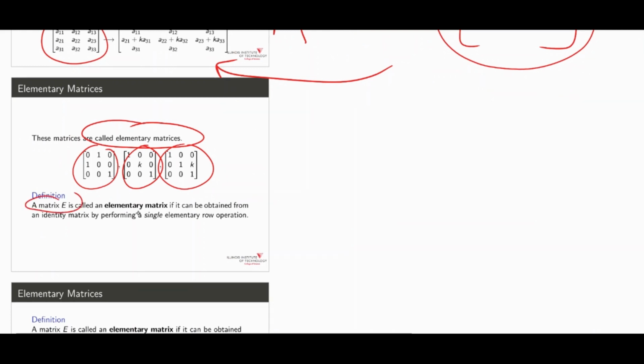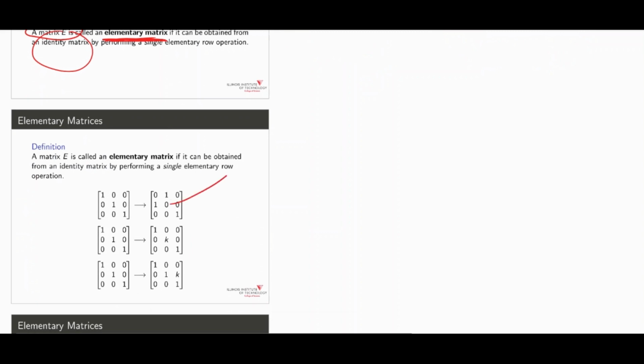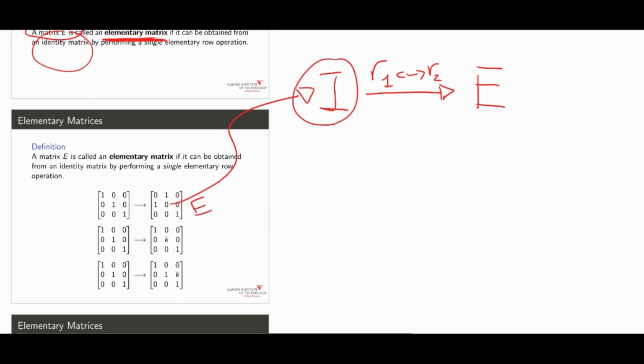An elementary matrix is a type of matrix that you can obtain from the identity matrix by performing a single row operation. For example, if you take the identity matrix and do only one row operation, for example interchanging the first row and the second row, you get to this matrix E. This is an elementary matrix because you can obtain it from the identity matrix by doing one single row operation.